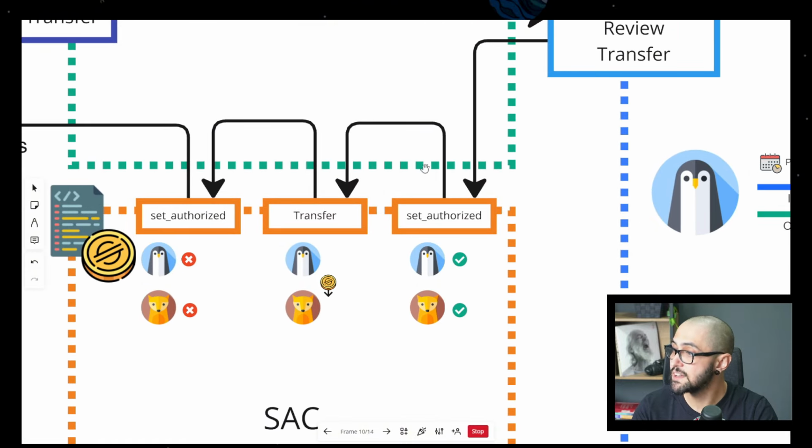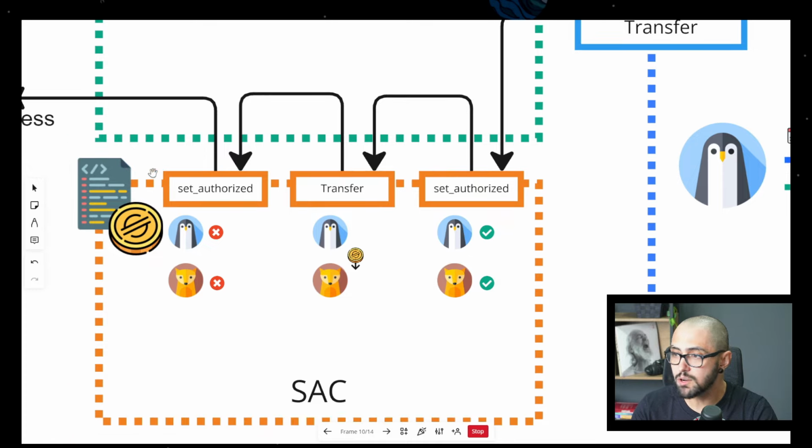It will first set the accounts as authorized, so it will invoke the SAC, and if you remember, the wrapper is the admin of the token, so it has the rights to set authorizations for accounts. So it is going to authorize both accounts, then it's going to trigger the transfer, and then it's going to trigger the set authorize again to revoke the authorization.